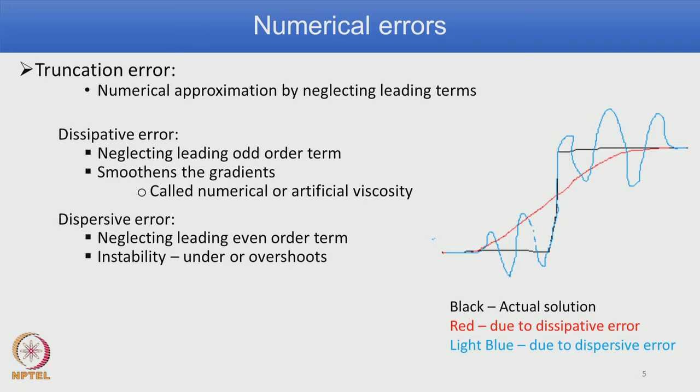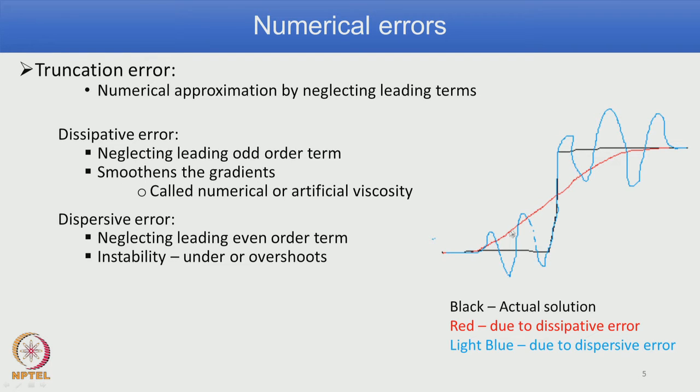Then if you have solved that equation with a leading neglected term of odd order, and we mentioned it is a dissipative error, you get a solution which is represented by the red line here. So, you see here it is smooth at the ends, and you are not able to get the peak here, or here.